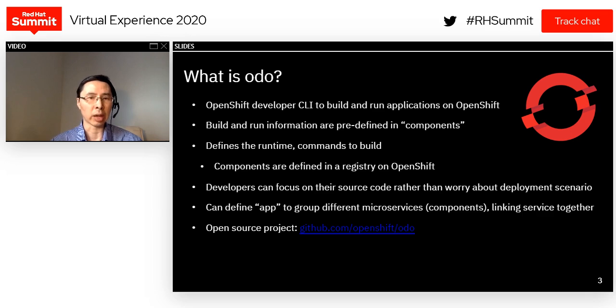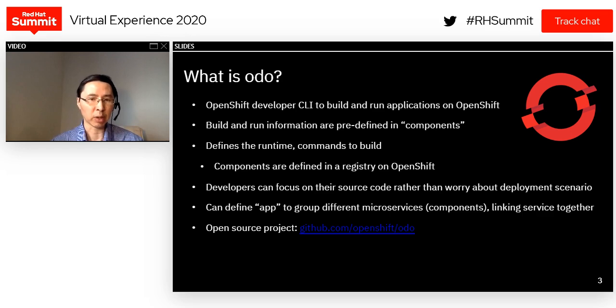That means when you're an application developer, you don't have to worry about how you are going to build the application, how you are going to run the application. All you need to do is provide the application, focus on your source code, and then develop your application in place. And you don't have to understand how to actually deploy it to Kubernetes. Odo is going to handle all of that for you.